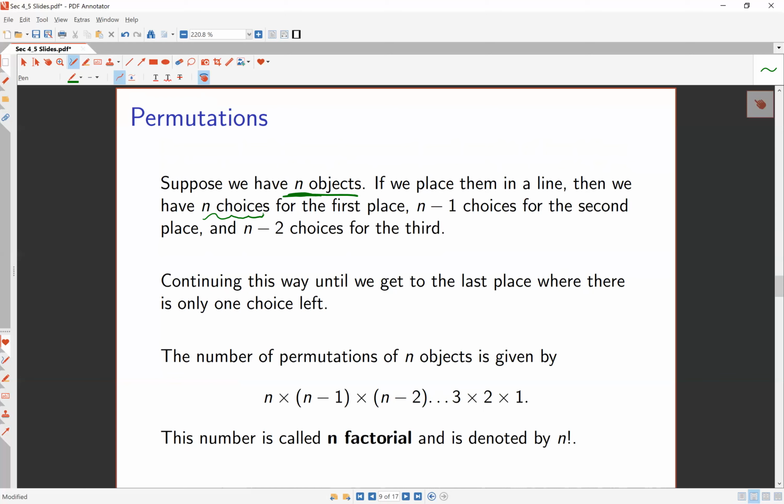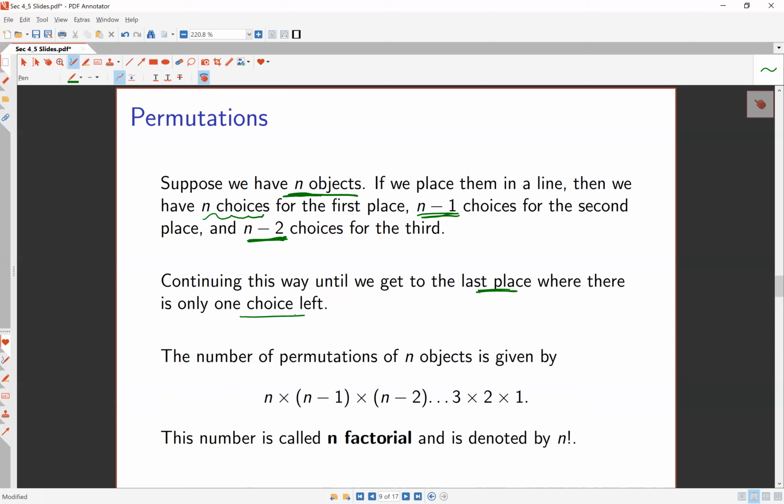After placing that object, when you go to place the second one, you don't have all the objects anymore. You've placed one of them already. So there are n-1 choices for the second place. And then when you place the third one, there are n-2 choices for the third place. And you keep on going in this way until you get to the last place and there's only one choice left for the last place.